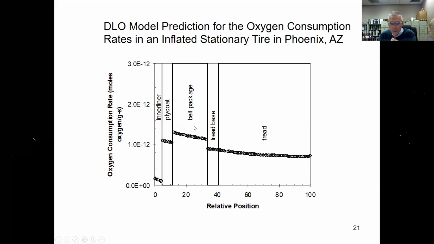So we use our experimentally derived beta terms instead of our literature values, okay? And then secondly, when you use the diffusion limited oxidation model, you can input the oxygen partial pressure on both sides of your laminate. So here it's atmospheric partial pressure of oxygen. Here is the 30 psi, or the inflated tire oxygen partial pressure.